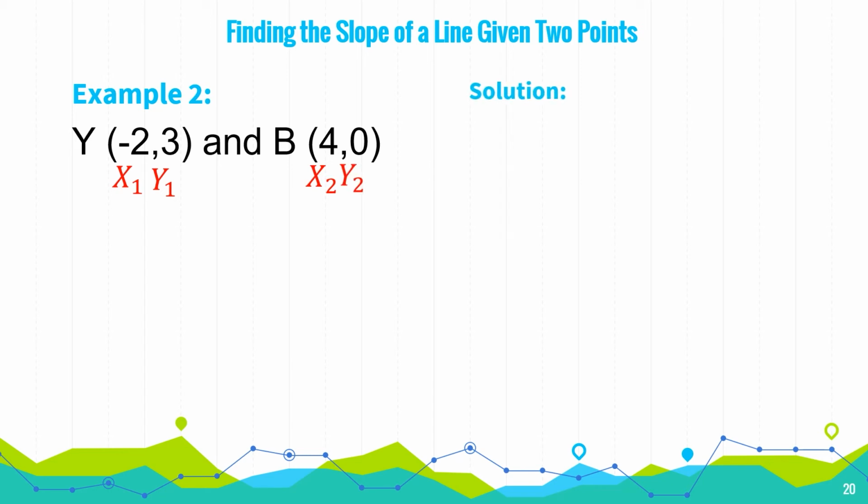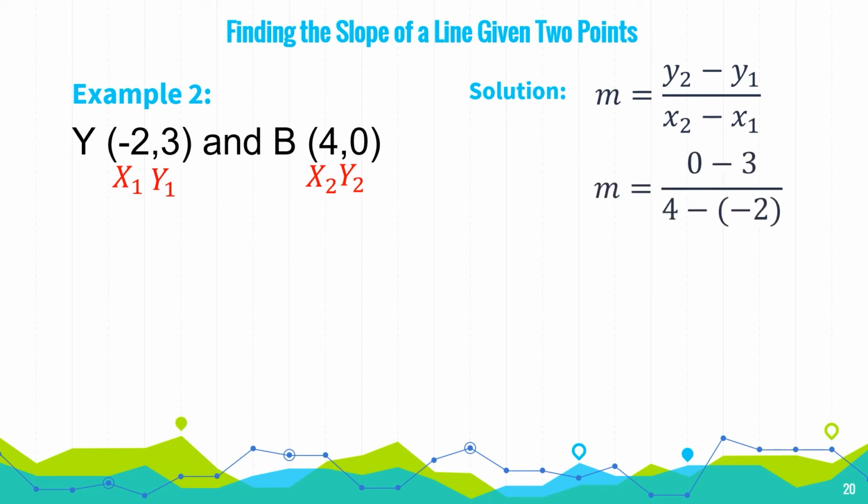For our solution, we have the formula slope is equal to y sub 2 minus y sub 1 over x sub 2 minus x sub 1. Substitute in the formula. We have 0 minus 3 all over 4 minus negative 2. Let us first simplify the denominator, which is 4 minus negative 2.